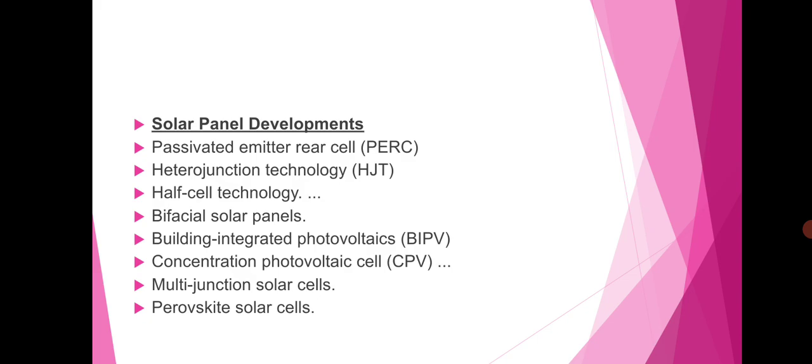So nowadays there are a lot of advancements in the solar materials in order to improve the production of electrical current from solar energy. One is the passivated emitter rear cell, heterojunction technology, half cell technology, bifacial solar panels, building integrated photovoltaics, concentration photovoltaic cell, multi-junction solar cells and perovskite solar cells.